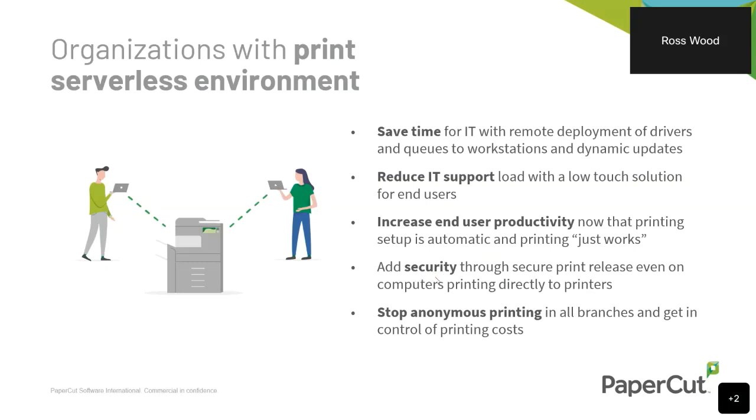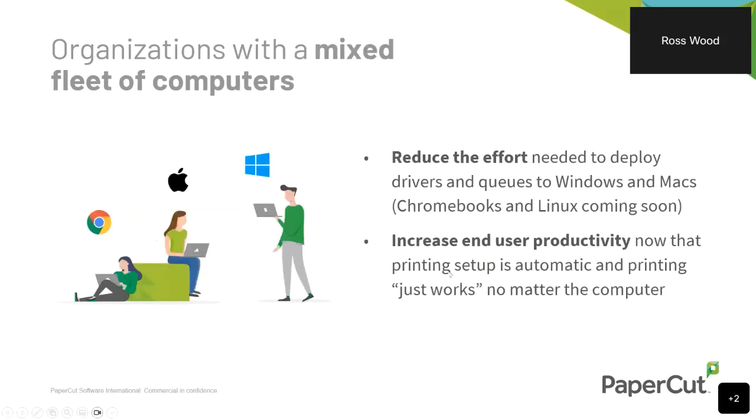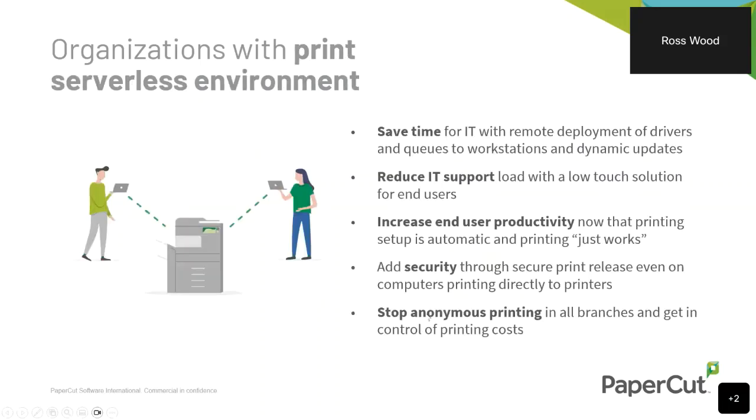You could use Print Deploy not only to push out the print queue to all of those workstations in the lab or all the users who are coming and going, but you could also, within PaperCut, add security and have secure print release. And the best part about all of this is that you can stop anonymous printing in all of your different branches and have true control of all of your costs.